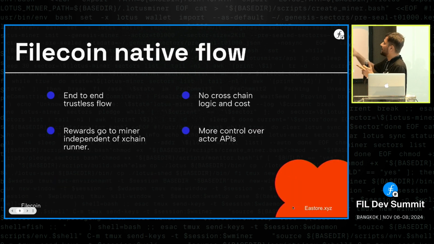Now this was a cross-chain flow that can happen on any chain. I want to put a light on a Filecoin native flow, because this makes the flow more trustless, because currently there is no way to give stablecoin payments directly to the miner actor in an on-chain way.